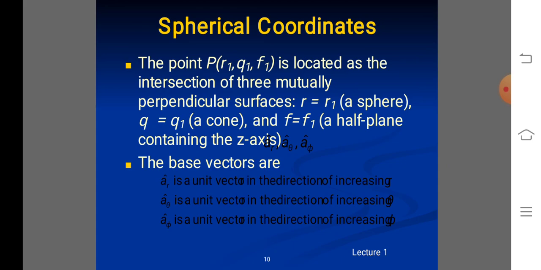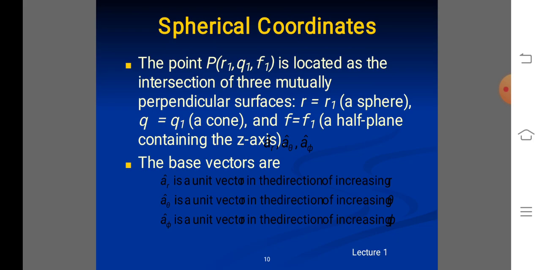Next, we go with the spherical coordinate system. This is the third coordinate system. The spherical coordinate system contains three different directions, different from cylindrical and Cartesian. The spherical coordinate system is most appropriate when dealing with problems having a degree of spherical symmetry.